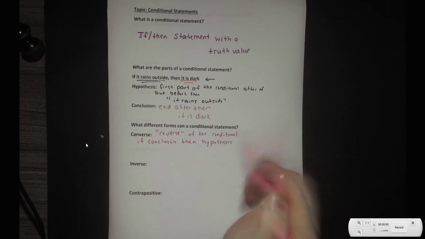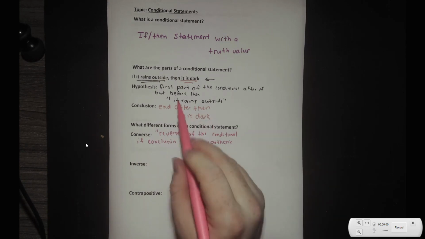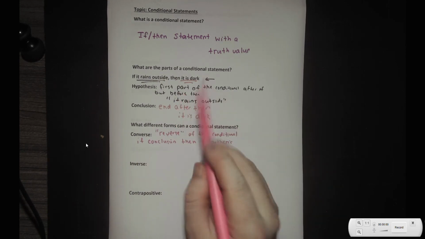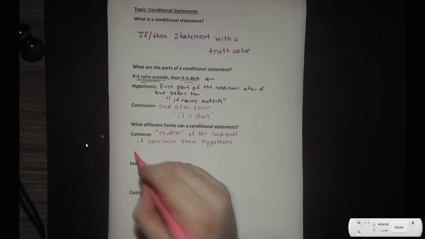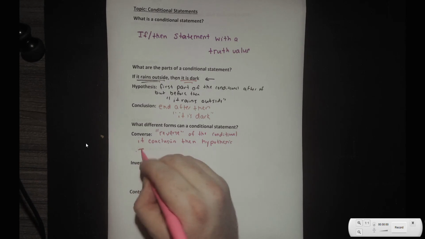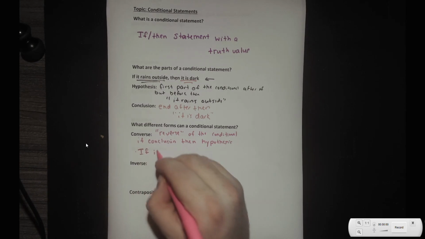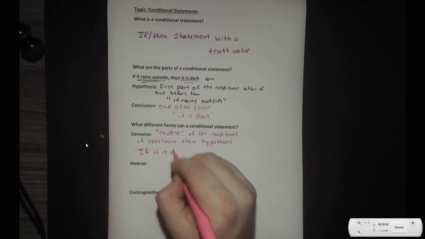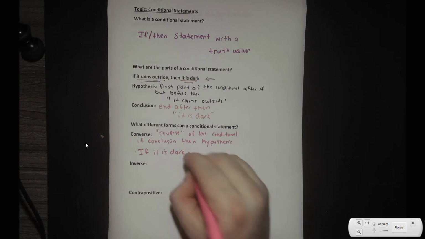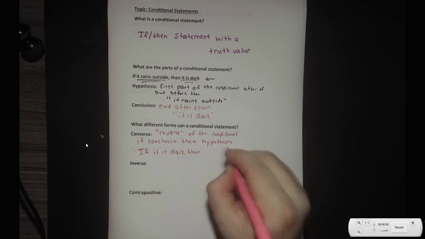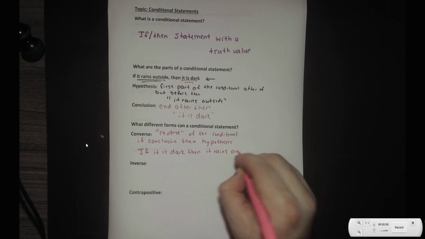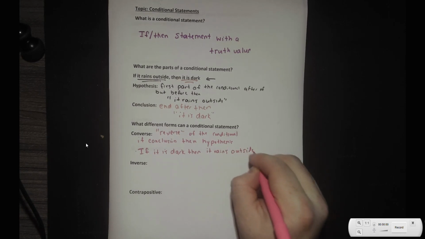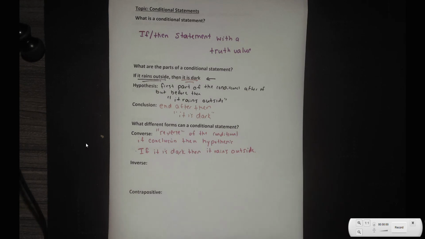We already said that the conclusion was it is dark. The hypothesis was it rains outside. But the converse of this then becomes if it is dark, then it rains outside. So the converse is just flipping it around.